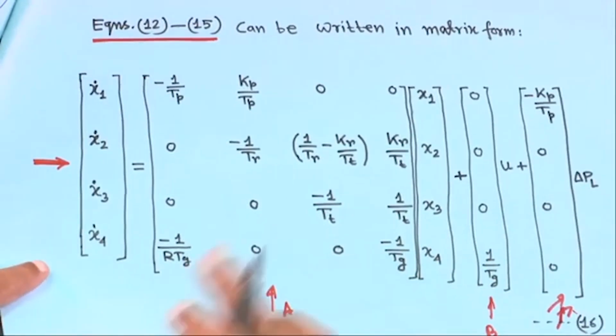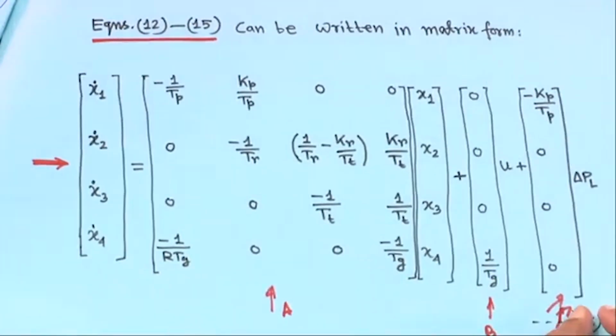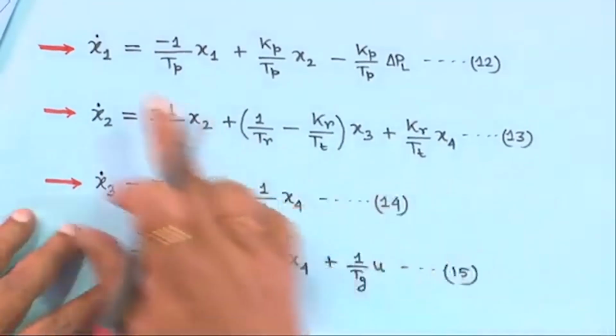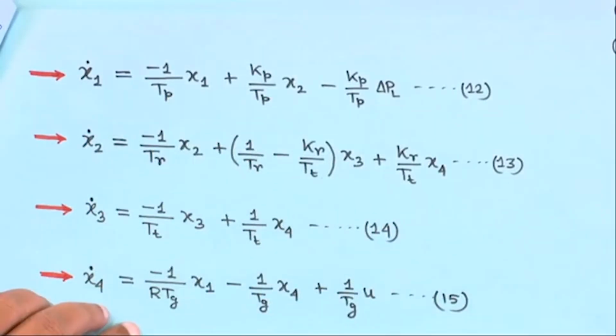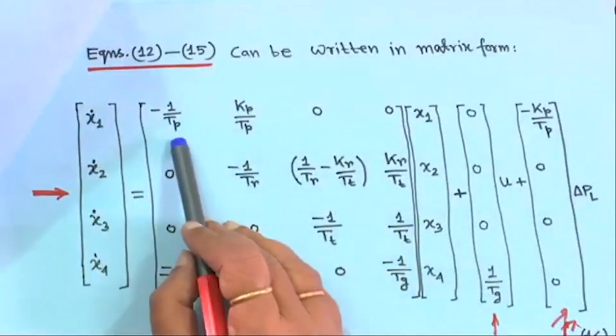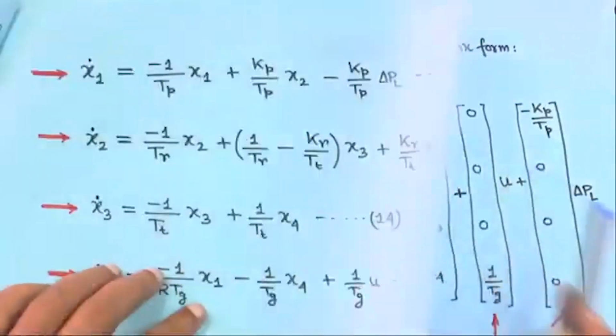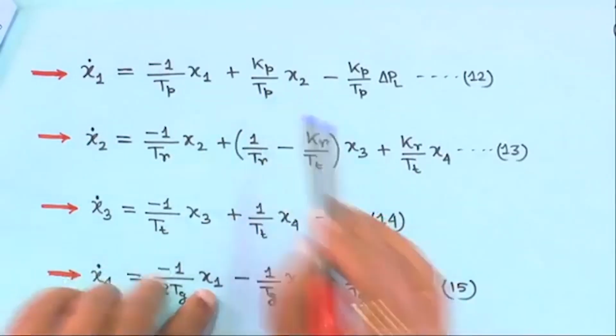If you write it this way, then look at equations 12, 13, 14 and 16. x1 dot is equal to minus 1 upon Tp x1 plus Kp upon Tp x2.